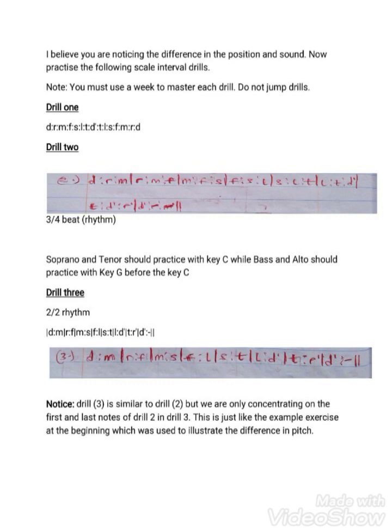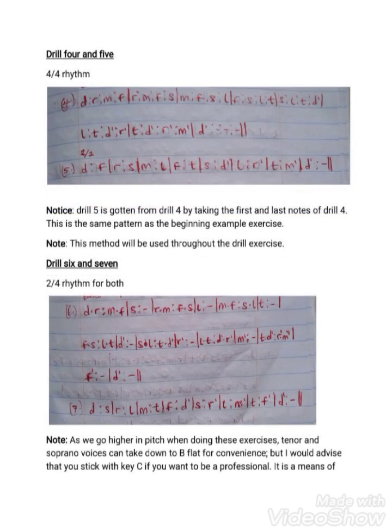I'm a tenor singer. Okay, so now the fourth interval here is in 4 beats, but I've told you before, ignore the beats. So we have do, re, mi, fa, so, la, ti, do, re, mi, do.